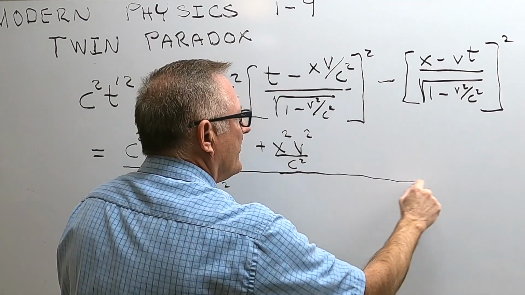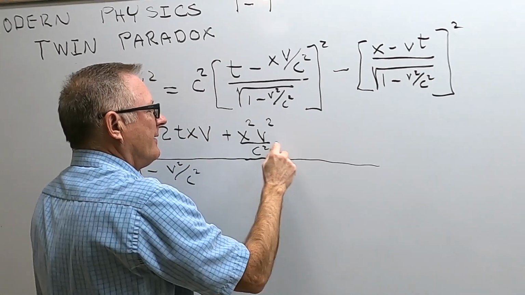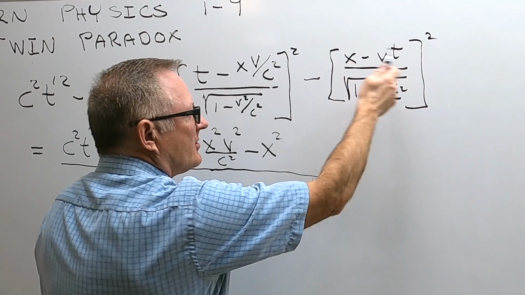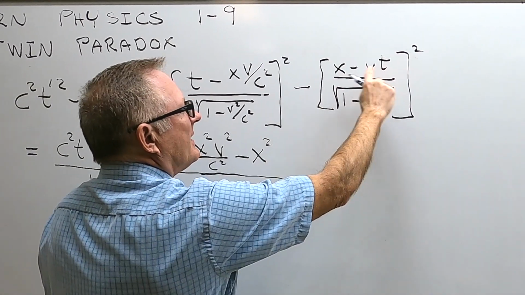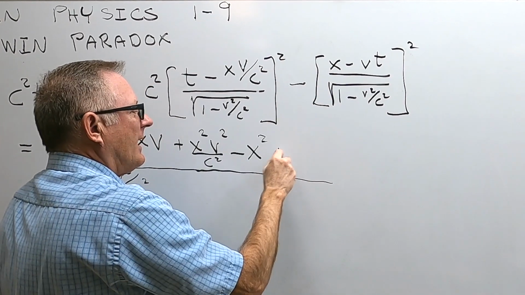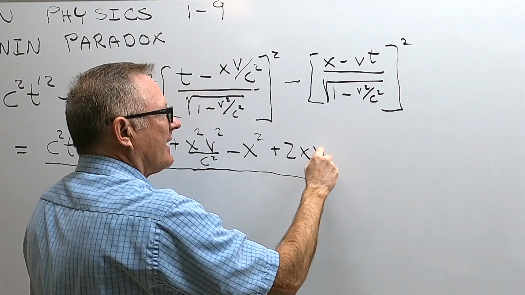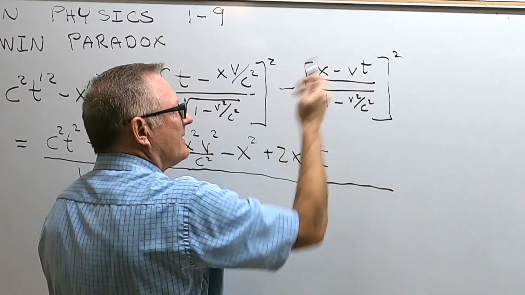Okay, we keep going here. Then over here, we have minus x squared. And then the cross term is going to be minus, but I have another minus, so it's plus 2 times the first times the second. And then the last term is the last term squared.